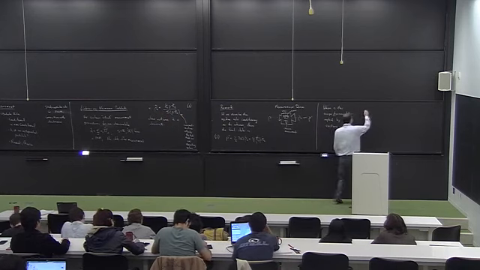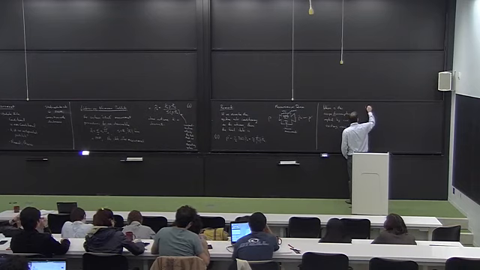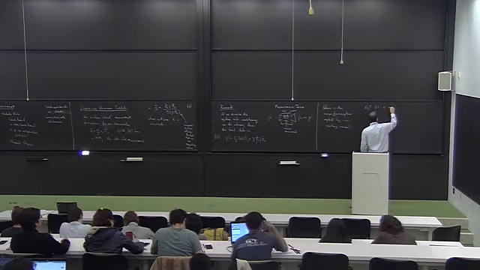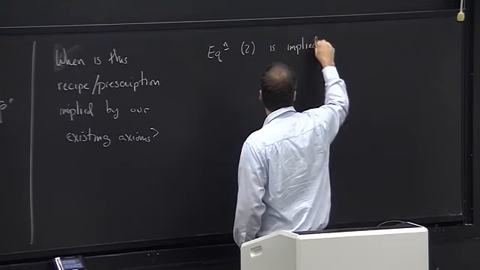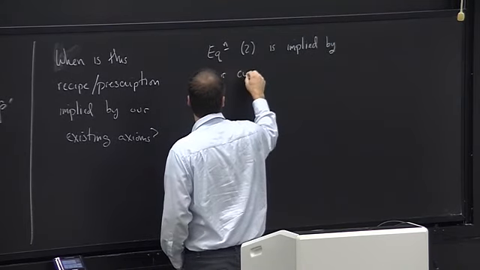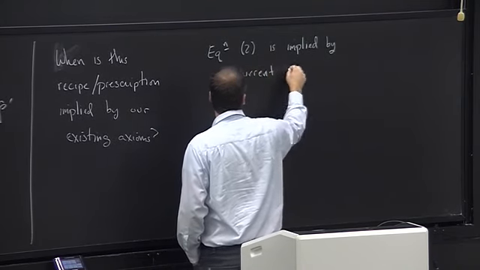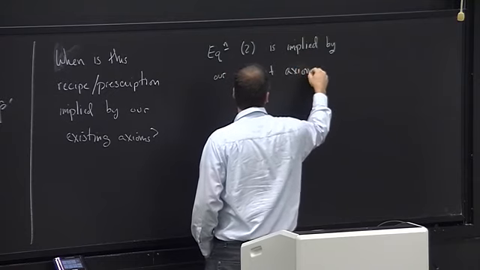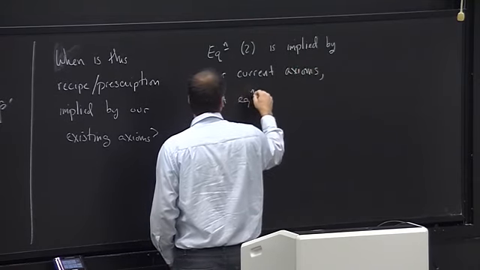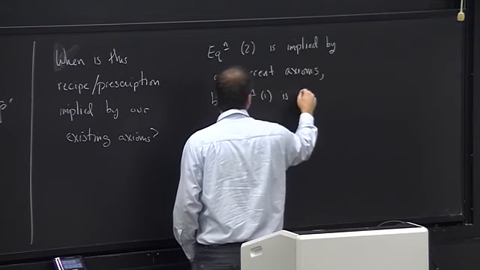So I'm going to tell you equation 2 is implied by our current axioms. But equation 1 is a new postulate.